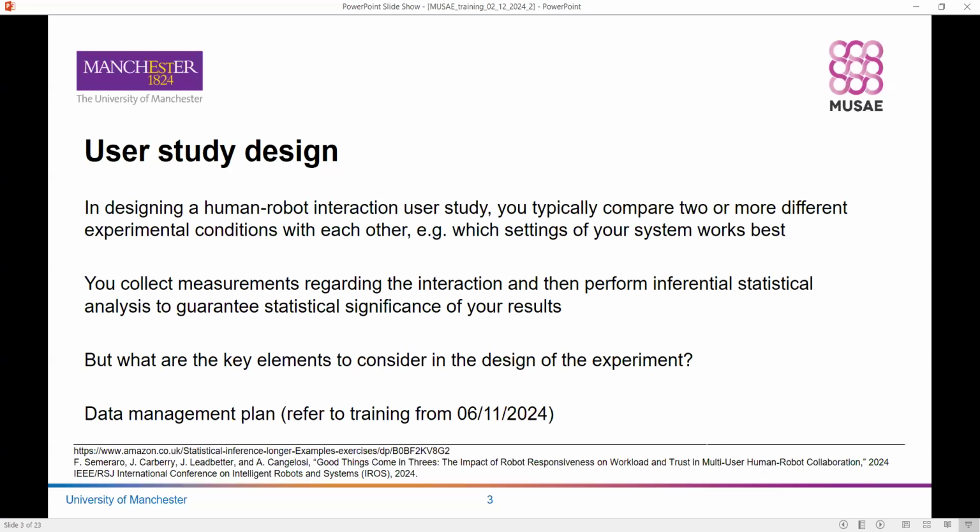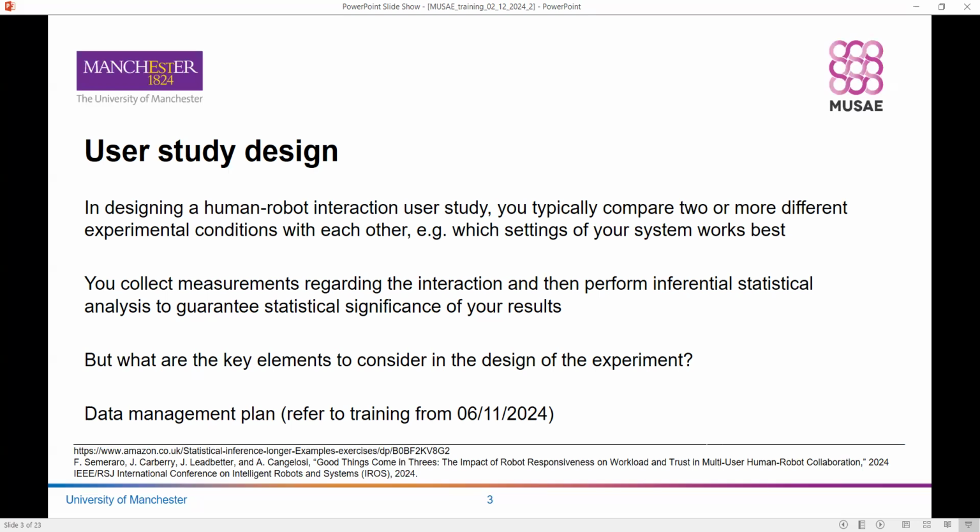More specifically, the user has to perform a task using the system that was devised for the user study. You typically collect measurements of this interaction with the system, and then you run statistical analysis later to assess the significance of the results that you've achieved during your user study.